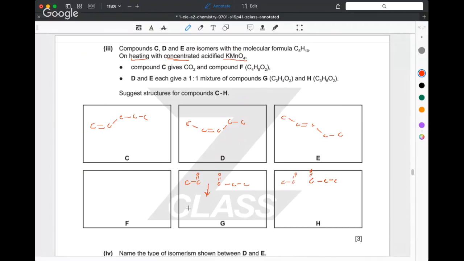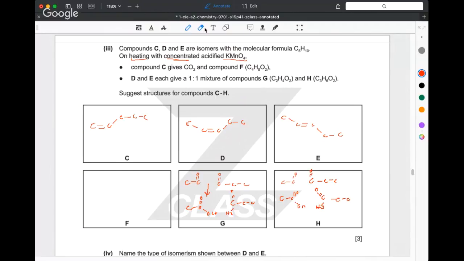So that's going to give us that carboxylic acid and that carboxylic acid. And you get the same over here. You've got that carboxylic acid, and you've got that carboxylic acid over there.